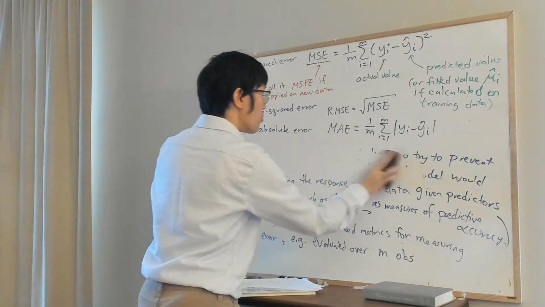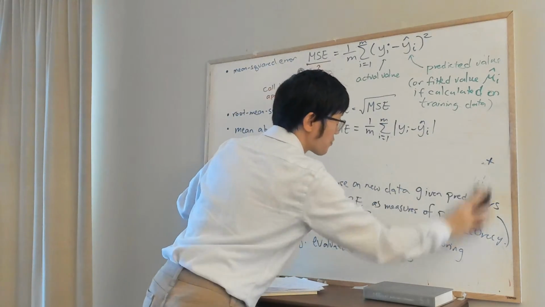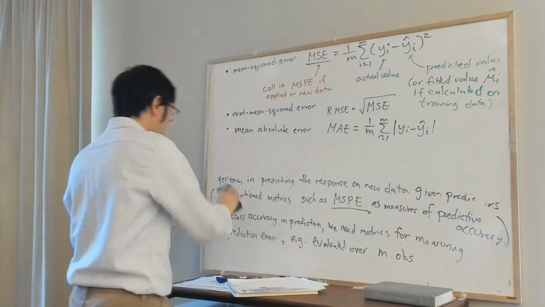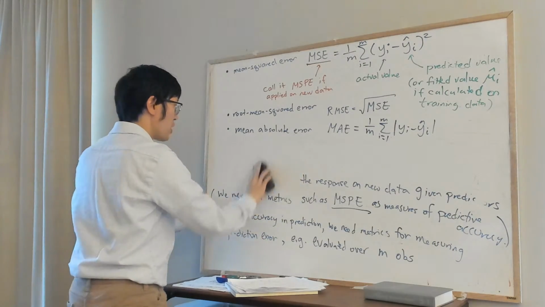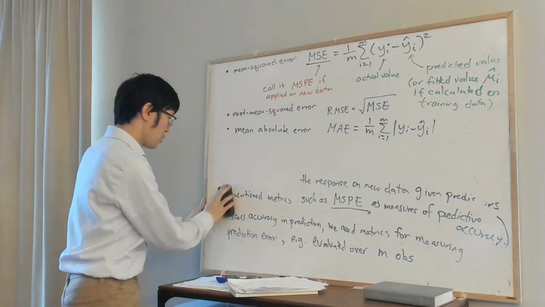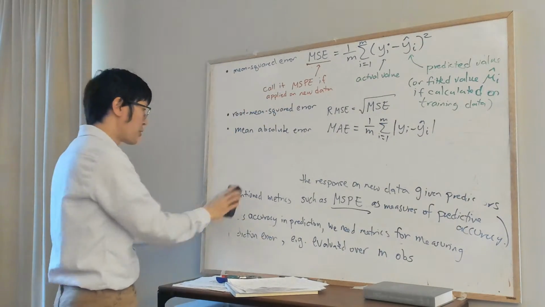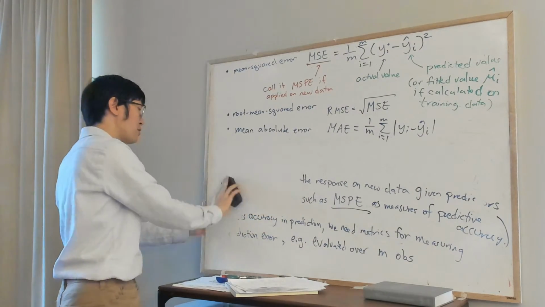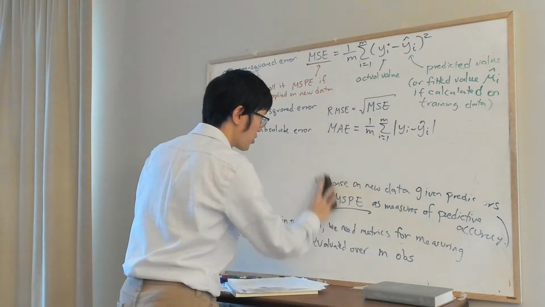Now, with that in mind, suppose we choose a metric. Just for simplicity, let's say we're going to use mean squared error. Conceptually, how are we going to assess that if we have a lot of data? Implicitly, the only way we can assess it is if we have some data where we know the answers, but we're not going to use the responses in the fitting of the model.